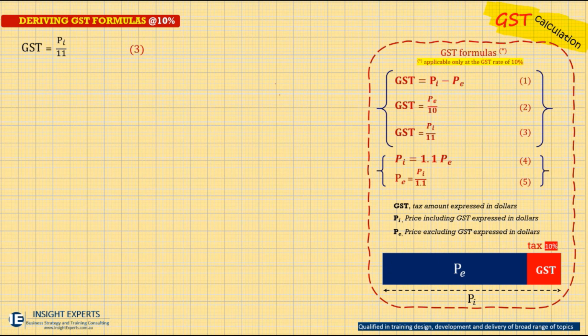Now moving on to equation number 3, where GST is equal to PI over 11. To prove equation number 3, we will have to use equation number 1 and equation number 2. So I'm going to rewrite both equations here. That's number 1 and number 2.